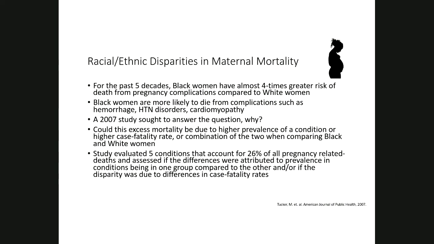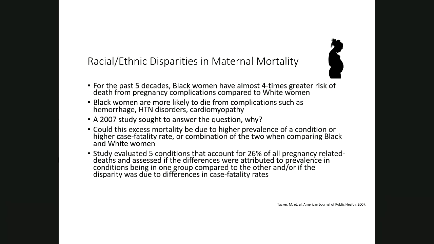Now let's talk specifically about the racial and ethnic disparities in maternal mortality. As we stated, Black women are dying at higher rates compared to white women, and Black women are more likely to die from complications such as bleeding, hypertension disorders, as well as cardiomyopathy.